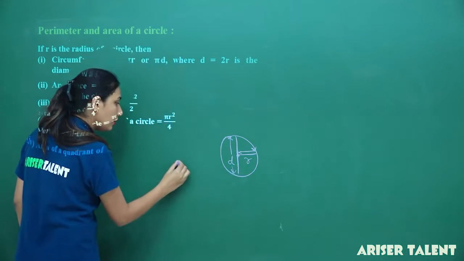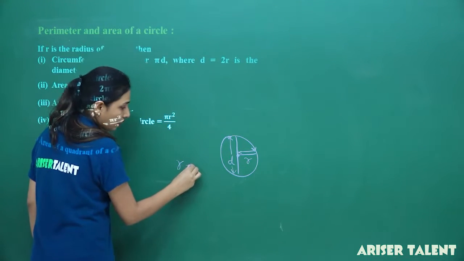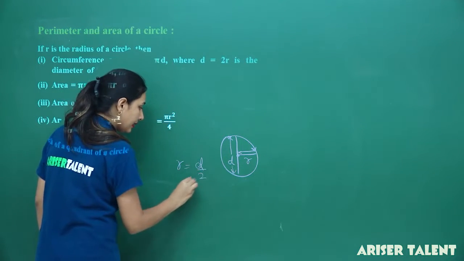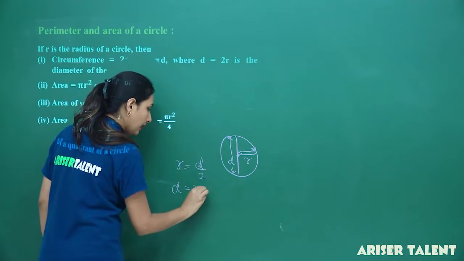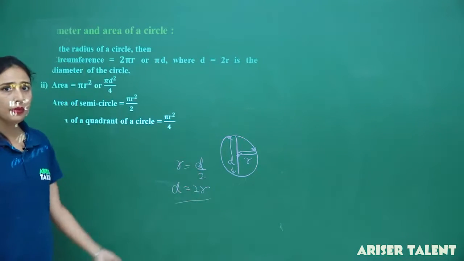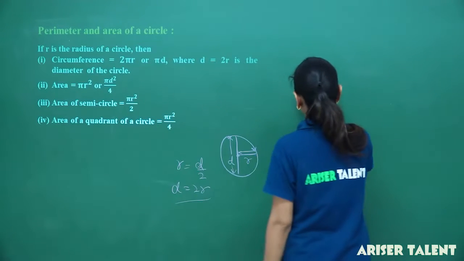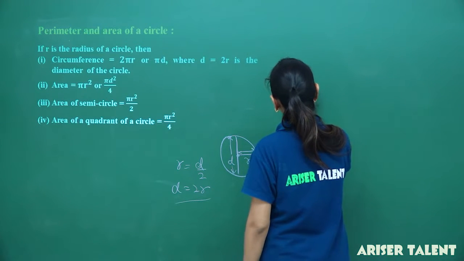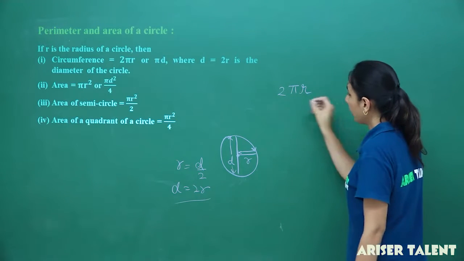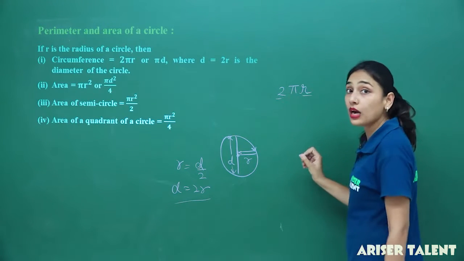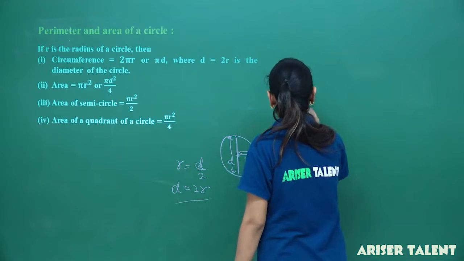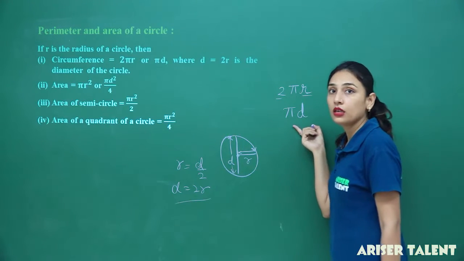So, basically your r equals d by 2, or you can say d equals 2r, because the diameter is just what? Double of your radius. Now, if you are having your circumference equals 2 pi r, you can write this 2r as d, isn't it? So, your pi d will be what?